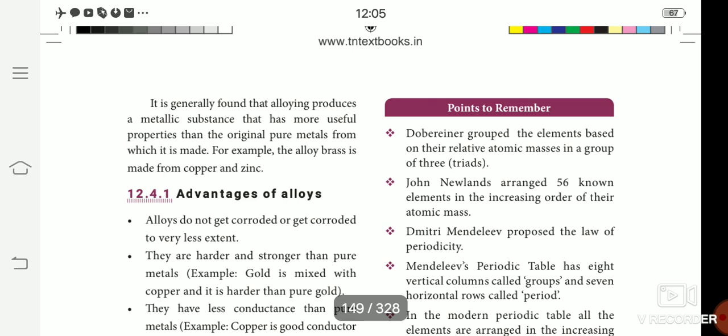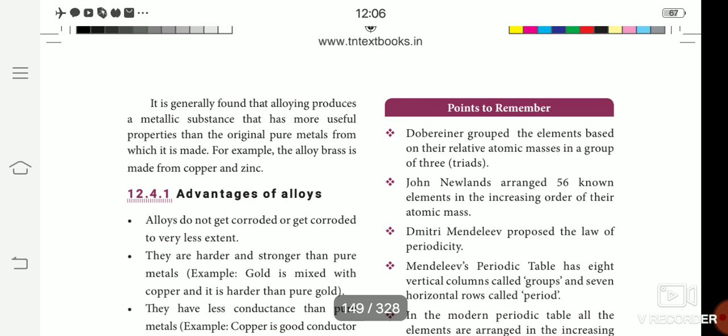Gold is not in its original pure form; it is added to the brass alloy of copper and zinc. So two alloys are studied: bronze alloy, which is copper and tin, and brass alloy, which is copper and zinc.